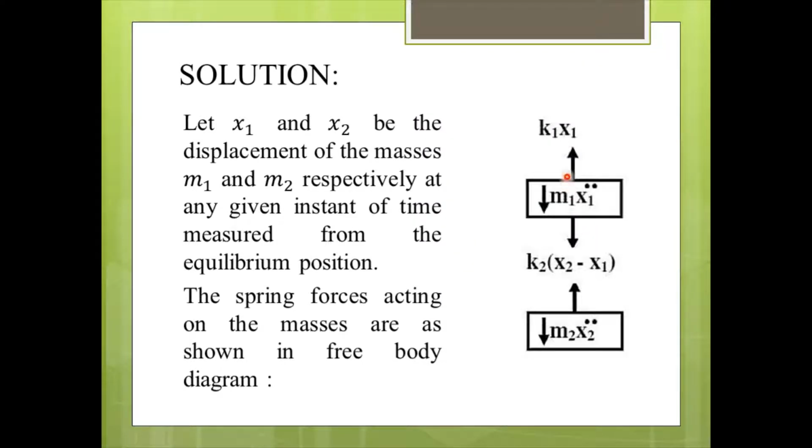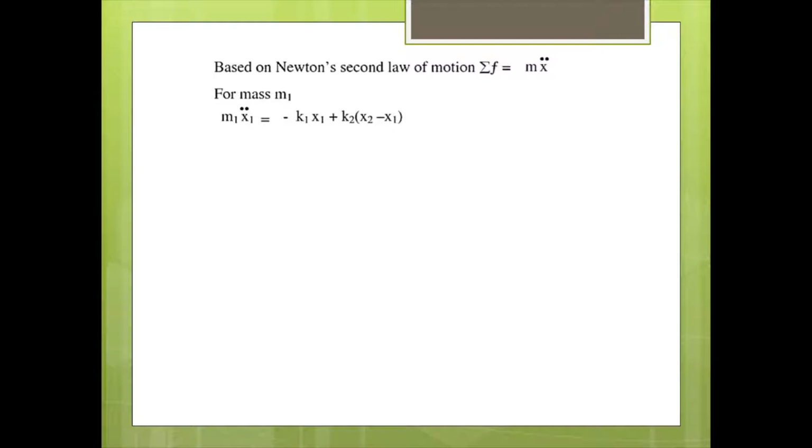Now this is the free body diagram of the question figure, which shows the spring forces acting on the masses M1 and M2, where we are assuming that x1 and x2 be the displacement of masses M1 and M2 respectively at any given instant of time. Based on Newton's second law of motion, which is summation of forces is equal to m into acceleration, for the first mass we can write the equation like this.